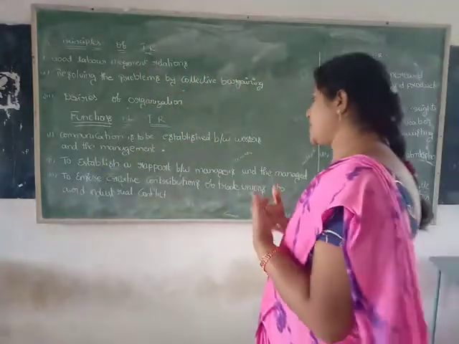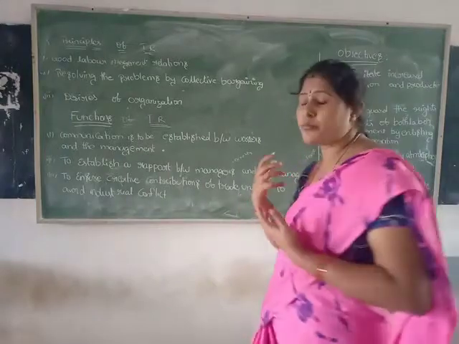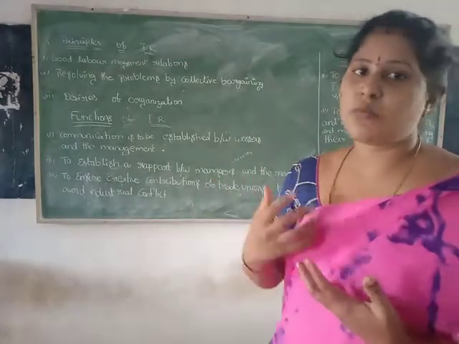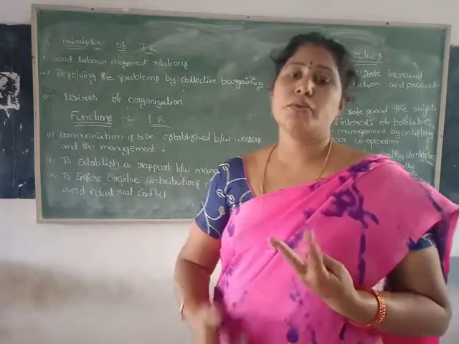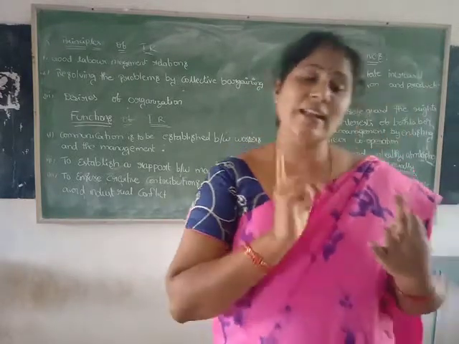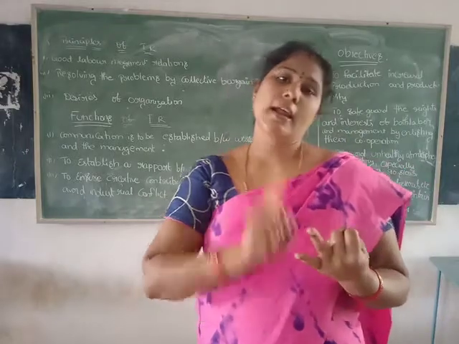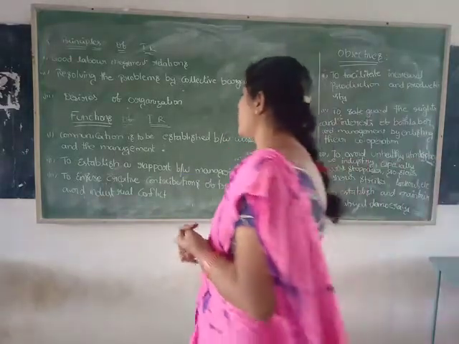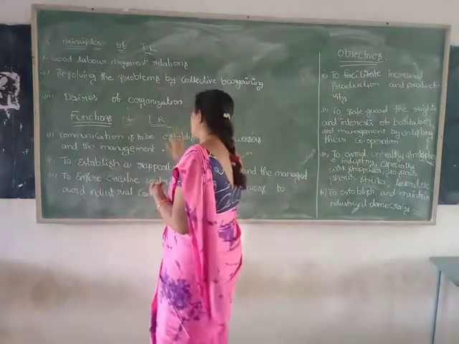So the first point is telling that the trade unions have to contribute to avoid all these things: one is industrial disputes, next is unhealthy issues, and next is unethical atmosphere in industry. Okay, so these are the major functions of industrial relations.